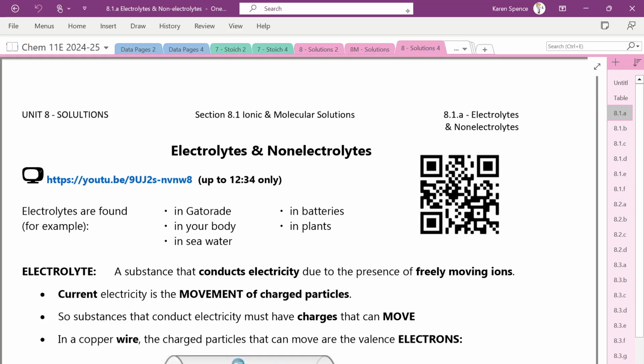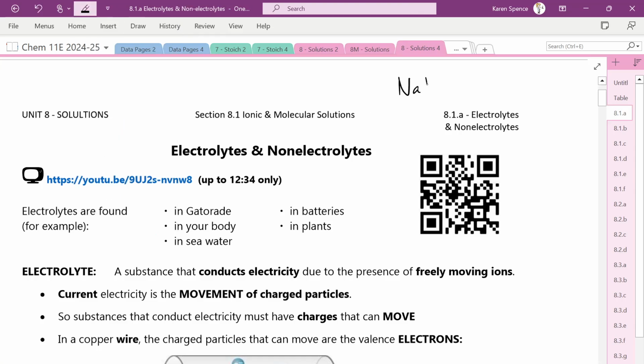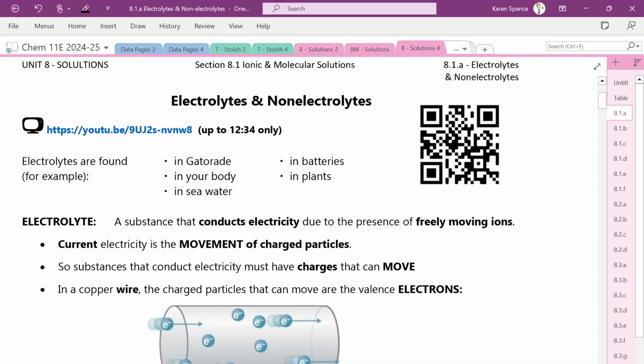And those electrolytes are things like sodium ions, potassium, calcium. Okay, there's some phosphate, things like that in there. And they are found in Gatorade, they're found in your body, they're found in seawater and in batteries and in plants.